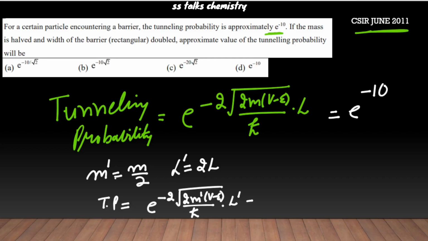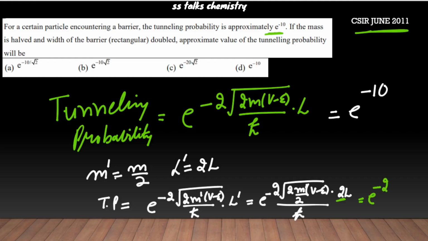So now you can substitute the new values in terms of the previous ones. We can write 2 times m upon 2 into (V minus E) into, now L dash was equal to 2 times L, so 2L will come, upon h cut. So now this 2 that you are having will come under the root, so that will become 4. e raised to the power of minus 2 into 2m into (V minus E) upon 2 into 4.